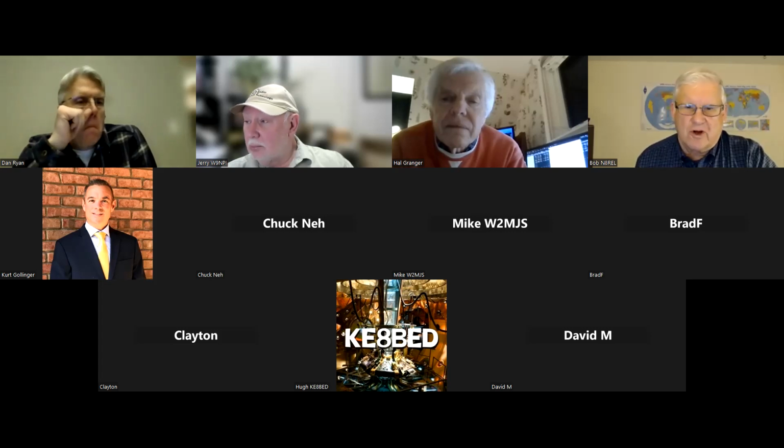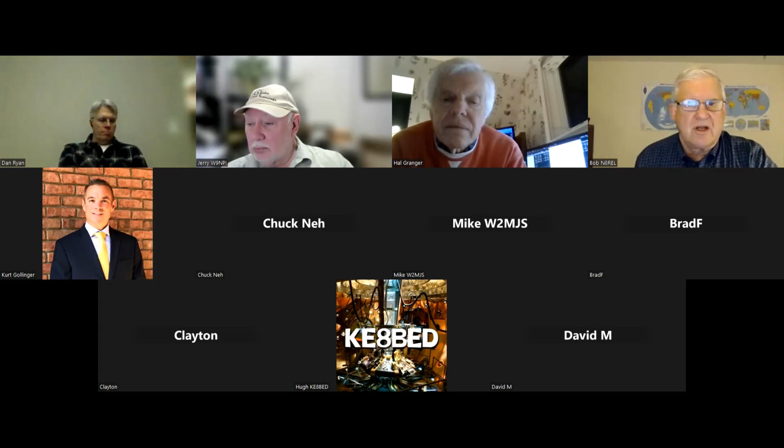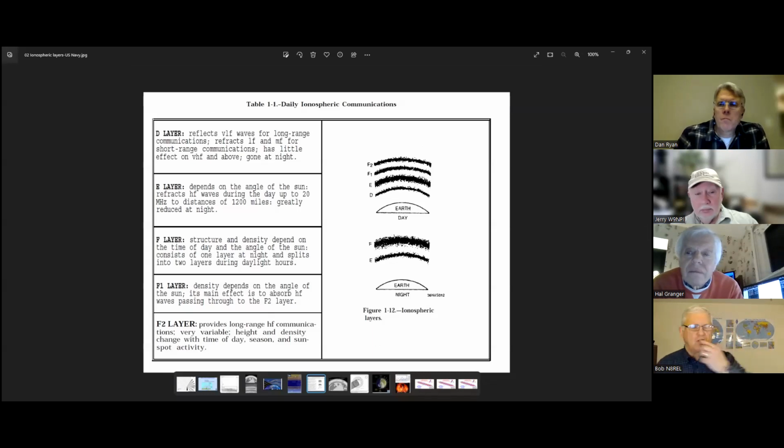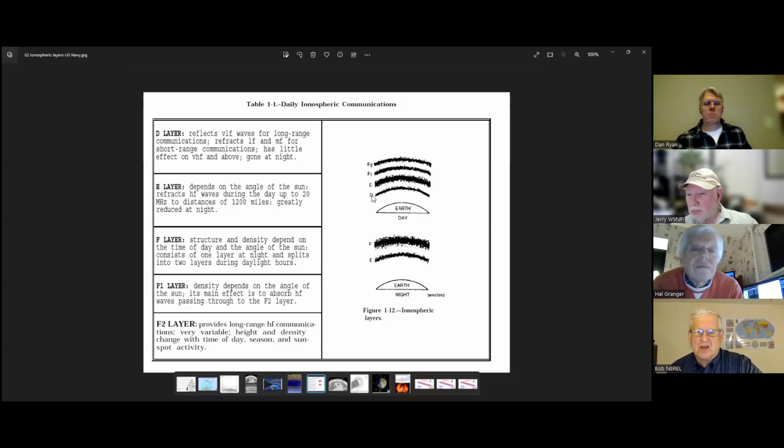The ionosphere has a couple of different layers. This is a nice one that I picked out of an old Navy manual. The book covered this, and I thought they did pretty well, but there are really four layers that we're concerned with.